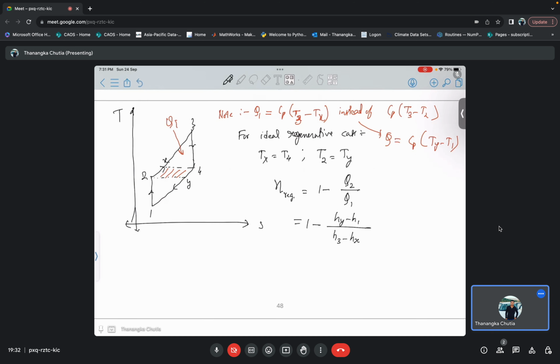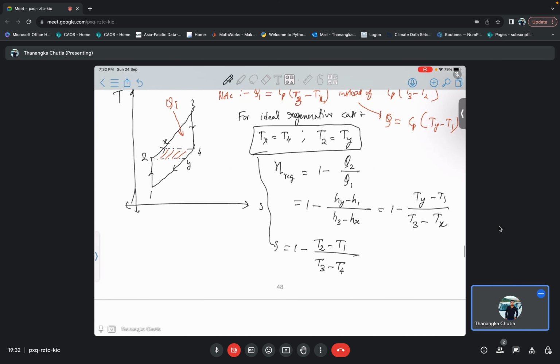So that means this is equal to 1 minus (Ty minus T1) divided by (T3 minus Tx). Now for this case, once again I can put these expressions. Tx is equal to T4 and Ty is equal to T2. So this one I can write as T2 and this one I can write as T4. Yes or no? Fine.